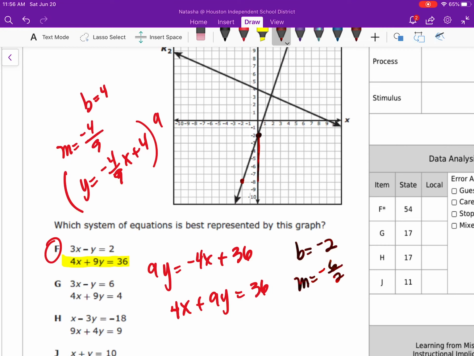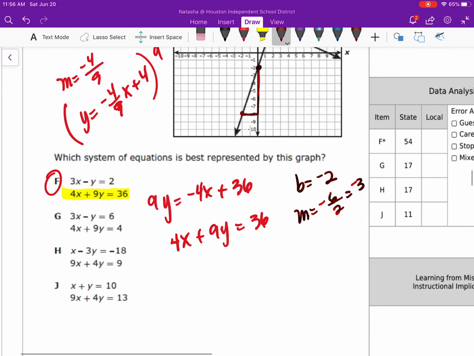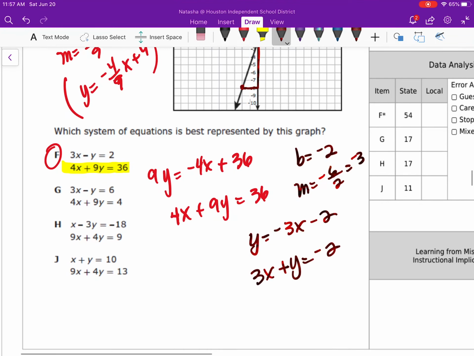Slope is negative 6 over 1, 2, 2. That reduces to negative 3. So this is going to be y is equal to negative 3x minus 2. That becomes 3x plus y is equal to negative 2.